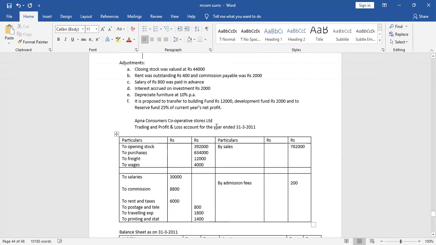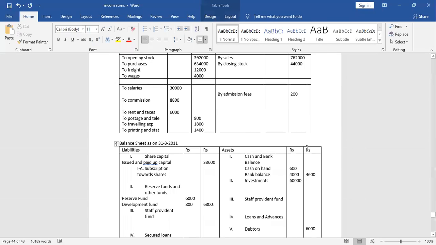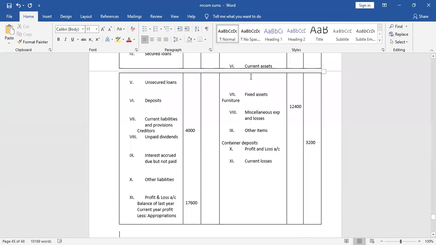Now let us see the adjustments. Closing stock 44,000. So we will write by closing stock 44,000, and one more place it will come, in current assets, closing stock 44,000.